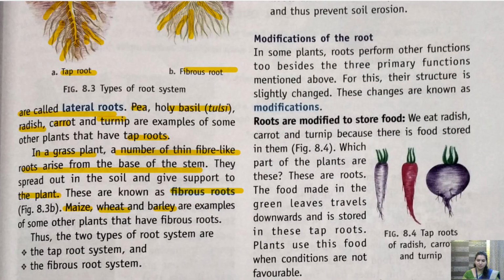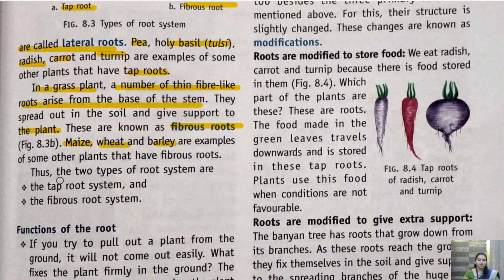Coming back to the chapter. Thus the two types of root systems are the taproot system and the fibrous root system.